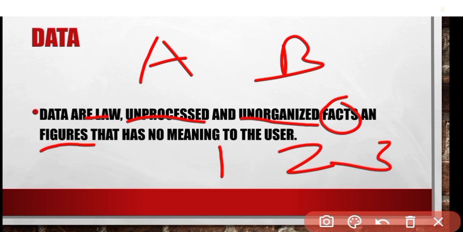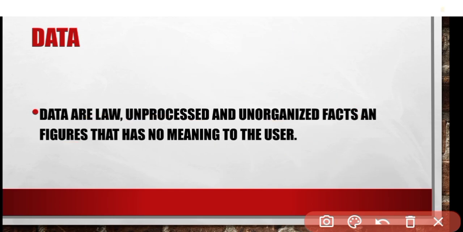When you have them, they have no meaning. But when they get inputted to the computer, it does the processing and produces the output. That's from the definition of the term computer.